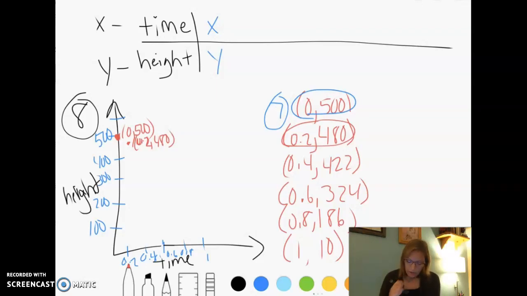And the next one is going to be 0.4 and 422. So right about there. Then I have 0.6 and 324.